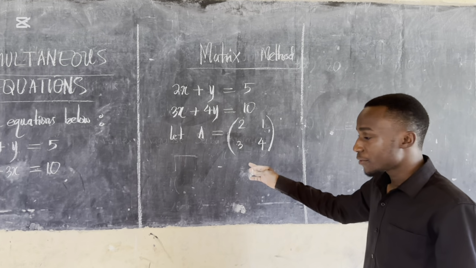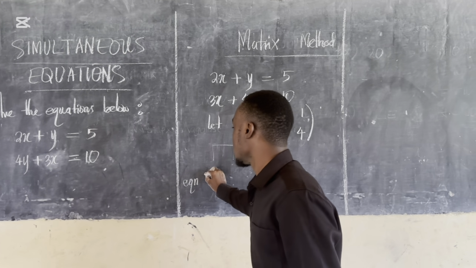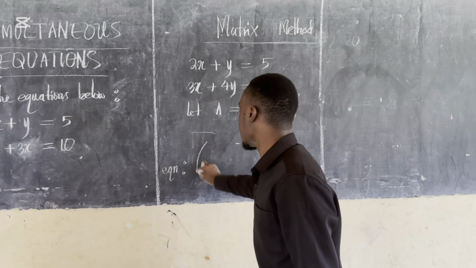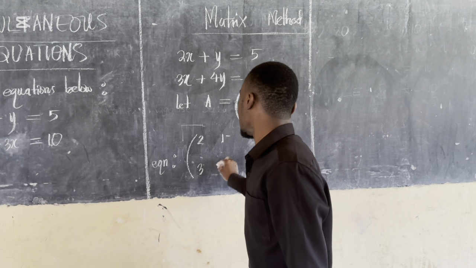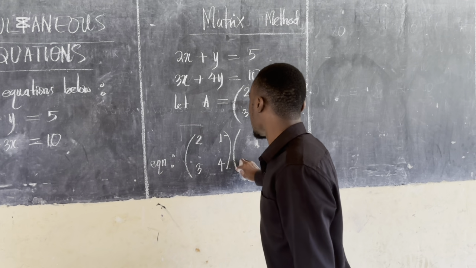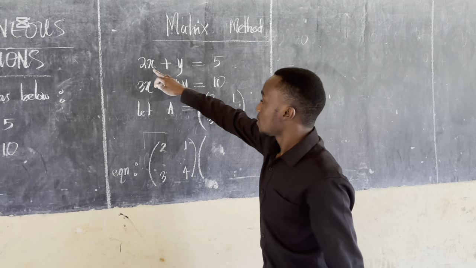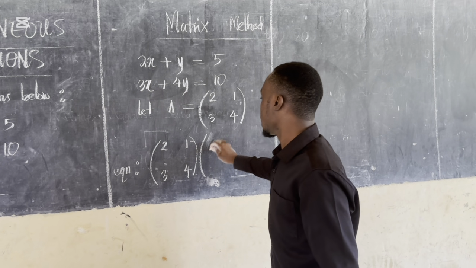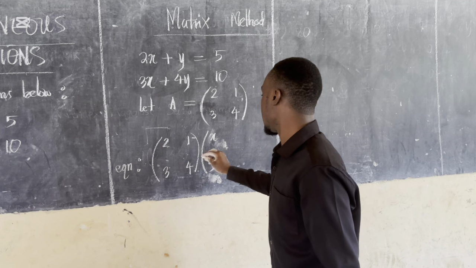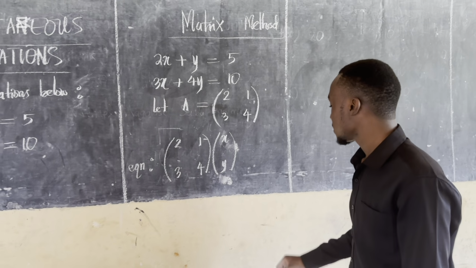After getting our matrix A, we shall write an equation, and this equation starts with this matrix A, followed by a column matrix of the unknowns in order, x, y, which we can call a 2 by 1 matrix.